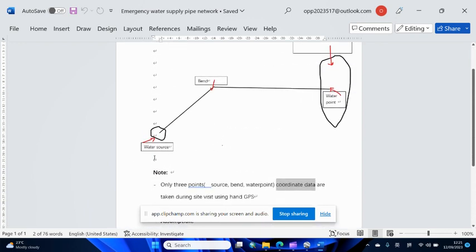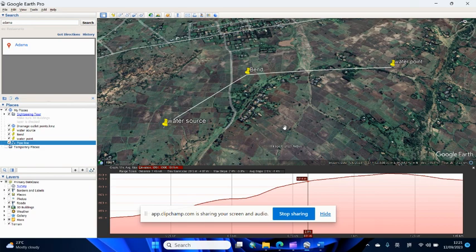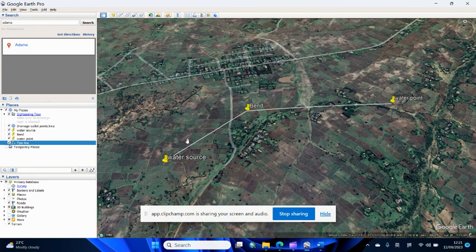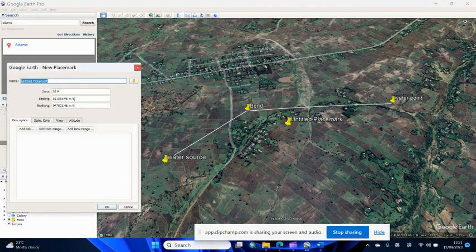Okay, let's put these three points' coordinates on Google Earth. As you can see, I can go back to the starting point. Here, by clicking this icon, we can enter the data collected from the site for the water source.